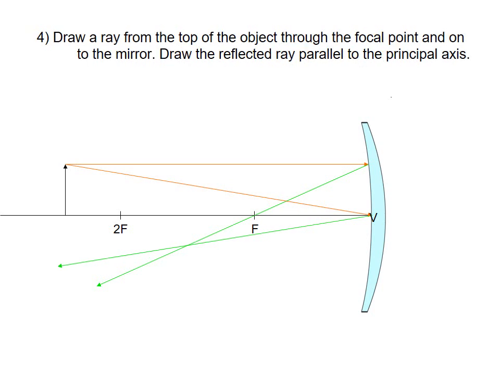So before we actually draw our image, we're going to look at the last special ray, and that's a ray that goes through the focal point. A ray that goes through the focal point will reflect parallel to the principal axis. Now, I am a little bit off with my measurements here, but where they all intersect, which is roughly about here, is where the top of your object will be, because the light rays came from the top of the object.